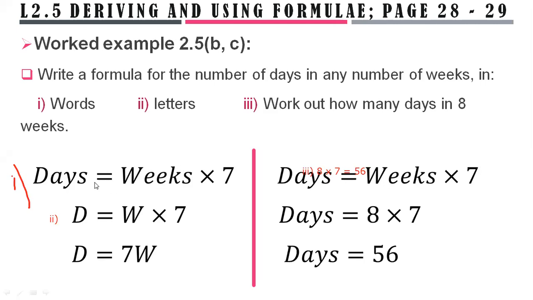Because you have days, D. Weeks, which is W. 7, as you see. So instead of days, we write D. Instead of weeks, we write W. But teacher, weeks times 7, why times 7, not another number? Lydia, how many days in 1 week? Okay, I understood, teacher. Fine.